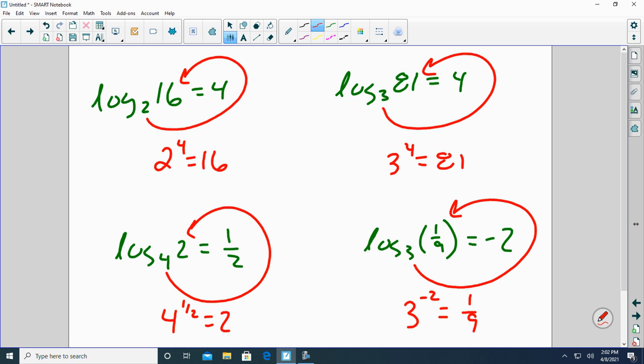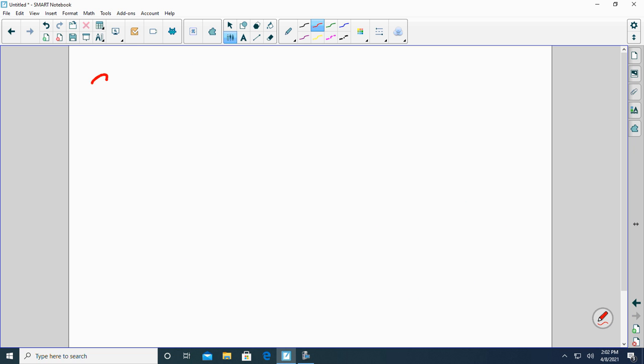So now what we want to do is start solving for the x that's given, okay? Let's say we had log base 3 of x equals 5.